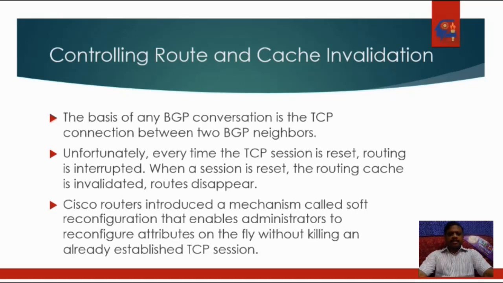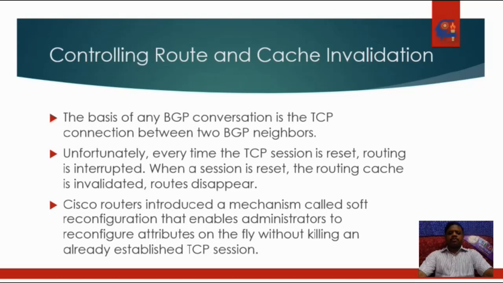When a session is reset, the routing cache is invalidated and then routes disappear, and also the route instability cascades throughout the global internet. By the time the session is back online and routes and caches are re-established, real damage could result.